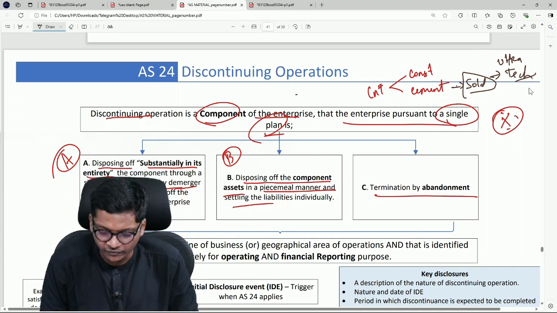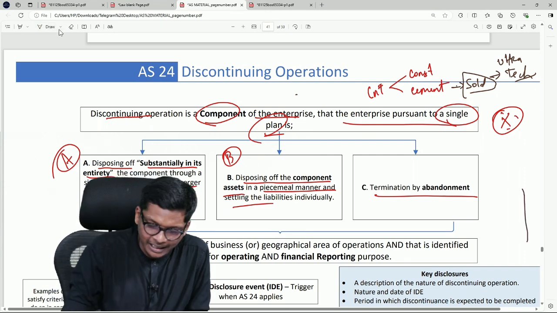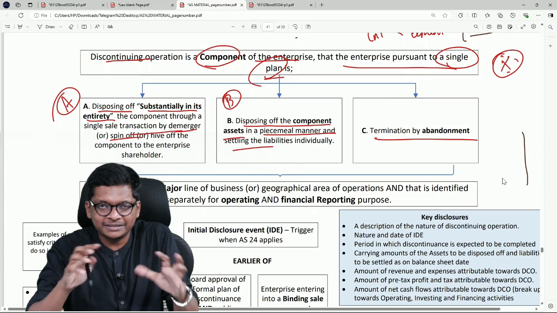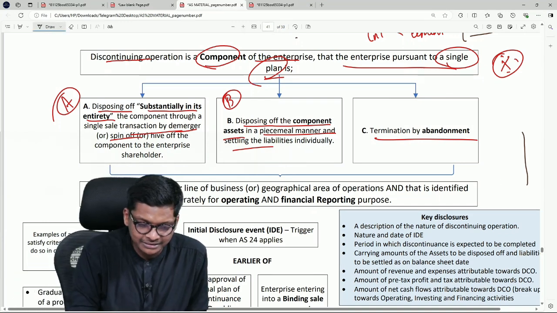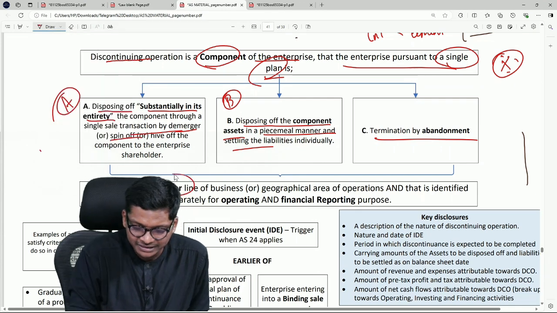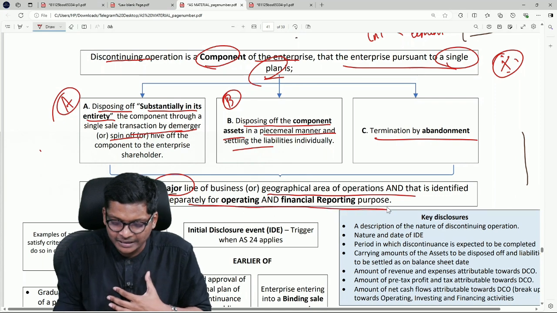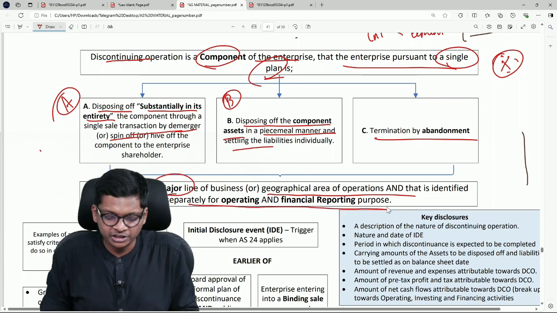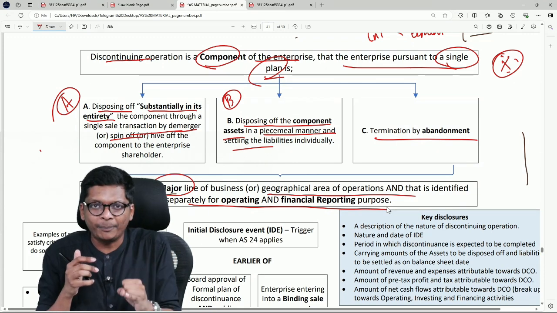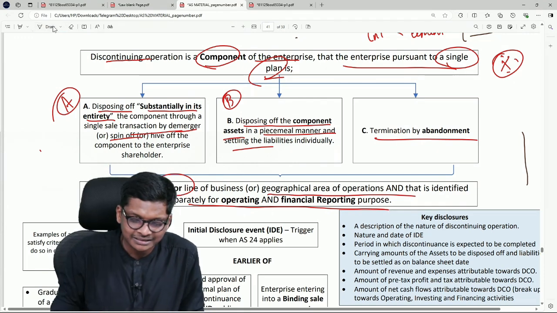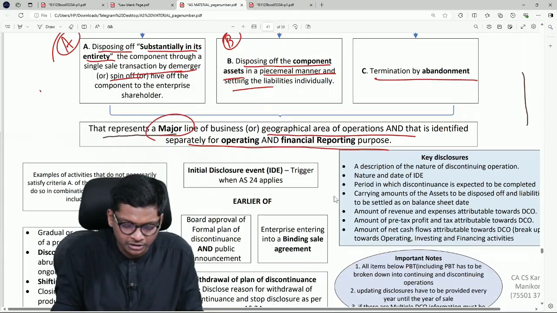Both were profitable, guys. So if this happens, either you sell the whole business or part or termination by abandonment, that represents a major line of business or geographical area of operations and identified separately for operating and financial reporting purpose. Basically they are saying separate team is there for operating and financial reporting purpose. This is discontinued operation. We are not getting in depth, just a quick concept revision.